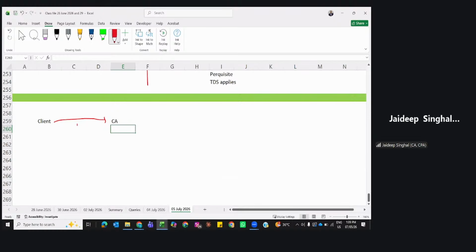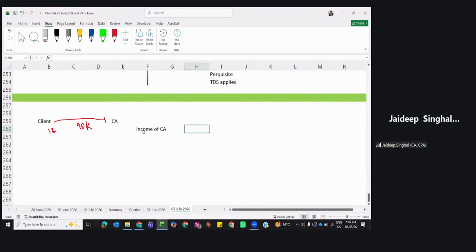How much will be the income of the CA? 1 lakh or 90,000?